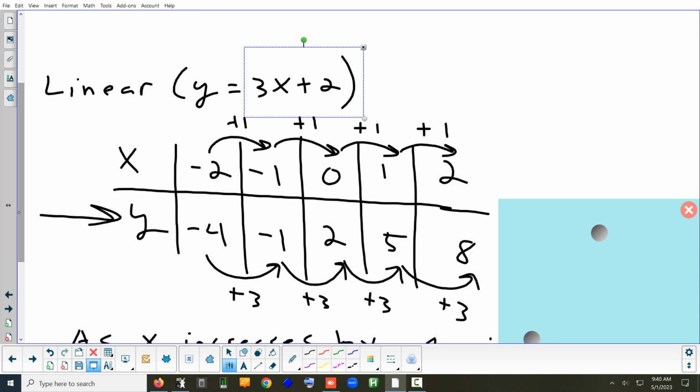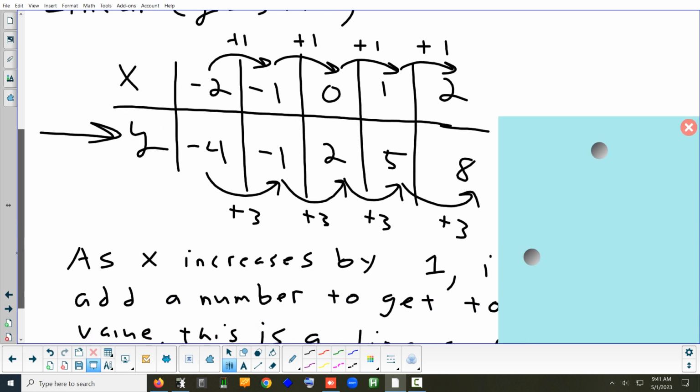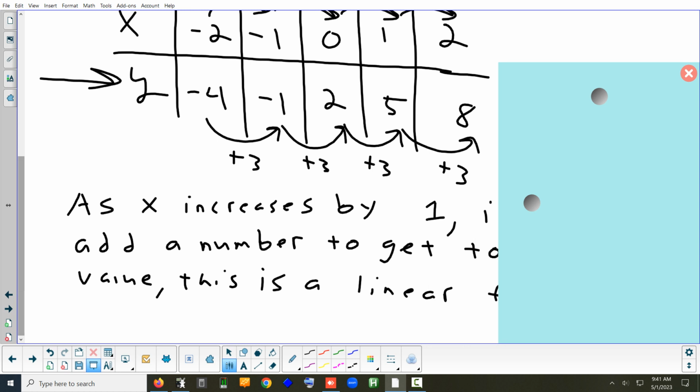If you have a table and the pattern is adding the same number each time, that makes it a straight line when you draw it. So if adding a number each time makes it a straight line, something different for the pattern is going to make it curve. And that is what we're going to look at next.